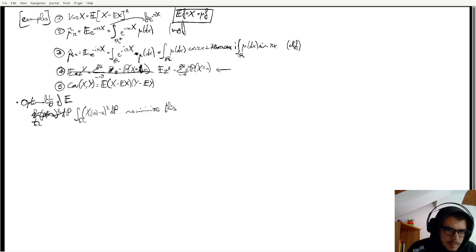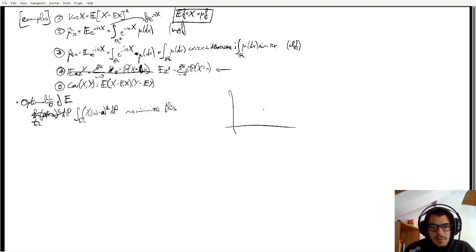So we have that X differs from a constant, and we consider the squared deviations, and we want to minimize the squared deviations of the values of the random variable from that constant.